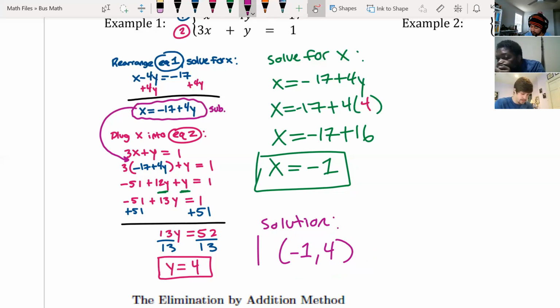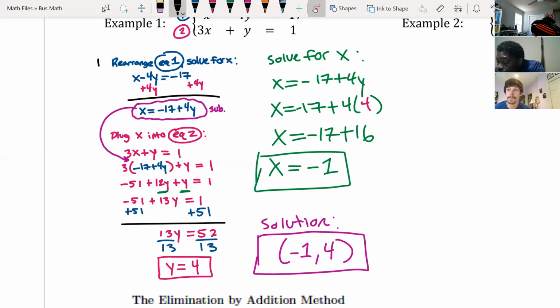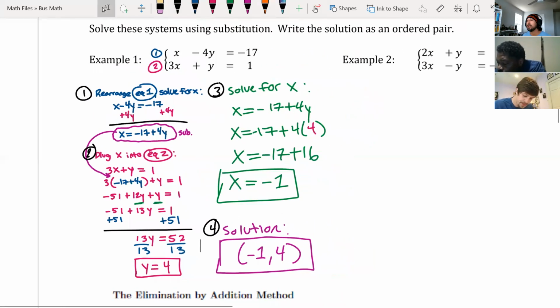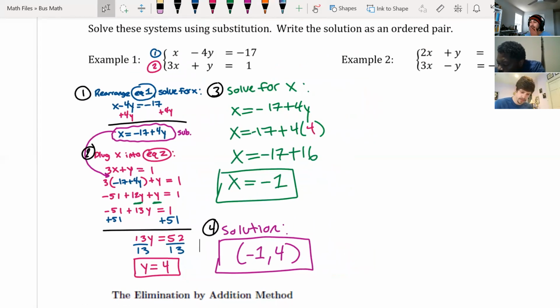All right. And that is the substitution method. Maybe I should label these steps, right? Step 1, step 2, and then there's step 3, and here's step 4. Okay. Any questions on that process?